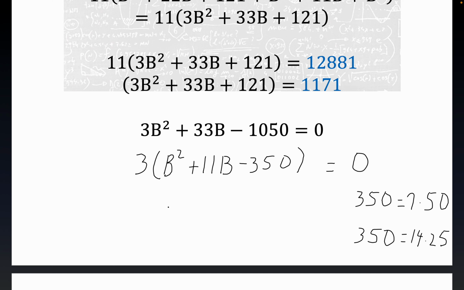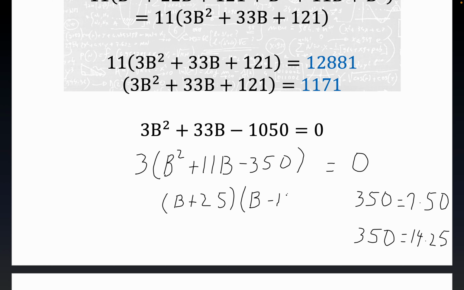What we get right here is we can divide through by 3, then factor this, folks, and we'll end up with b plus 25, the linear factor b plus 25 times the linear factor b minus 14.